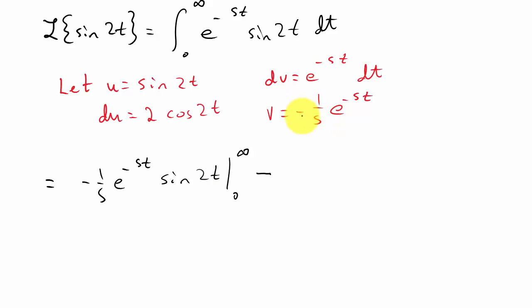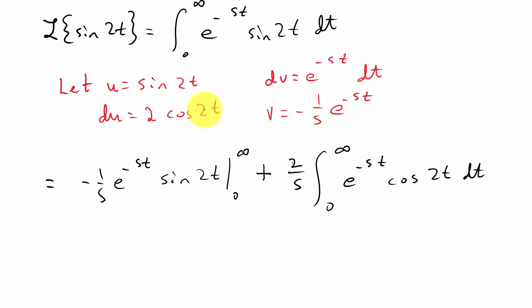So you see how we have the negative 1 over s? That's going to make this plus, and so 2 times that, that's going to be 2 over s. I'm going to bring that outside the integral from 0 to infinity, and then that's going to be e to the negative st cosine 2t dt.